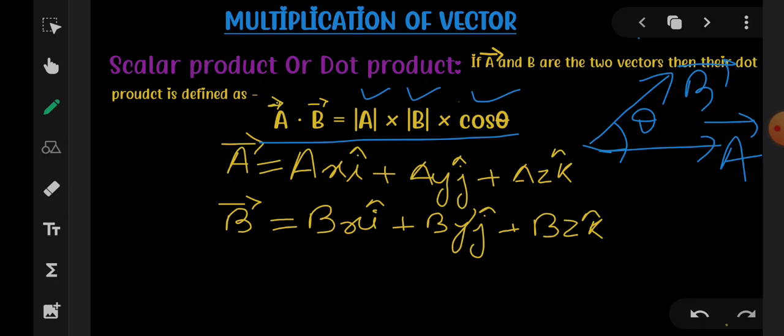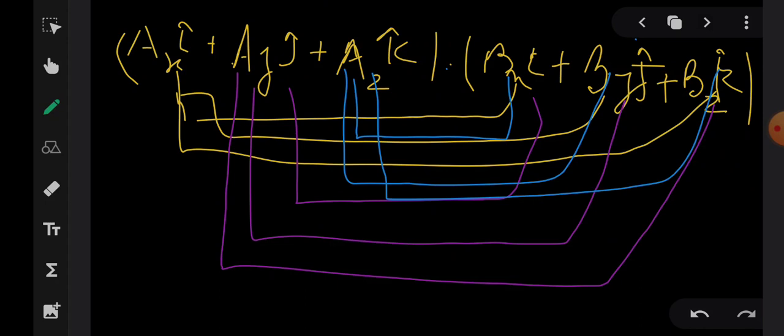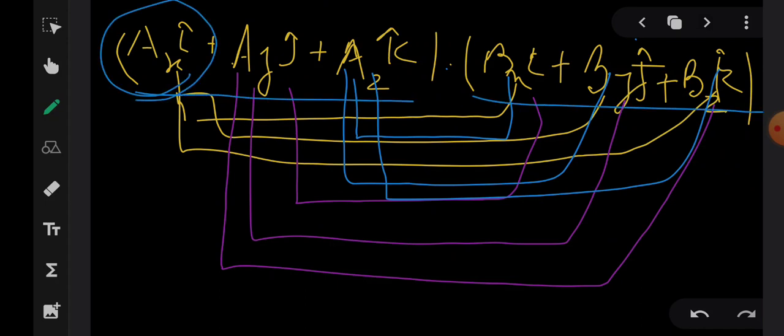Now if the vectors are given in the form of components, like A is equal to ax i plus ay j plus az k, B is equal to bx i plus by j plus bz k, then how to find their dot product? Let us see. For that, this is your A vector and this is your B vector. We take ax i and multiply with all three components of B vector. So it will be ax bx i dot i, ax by i dot j, ax bz i dot k.